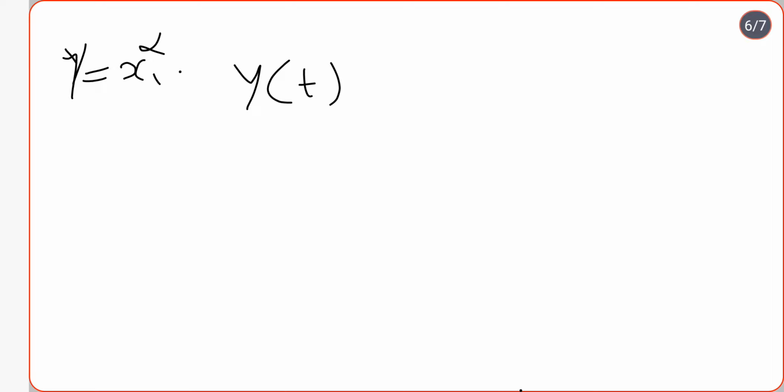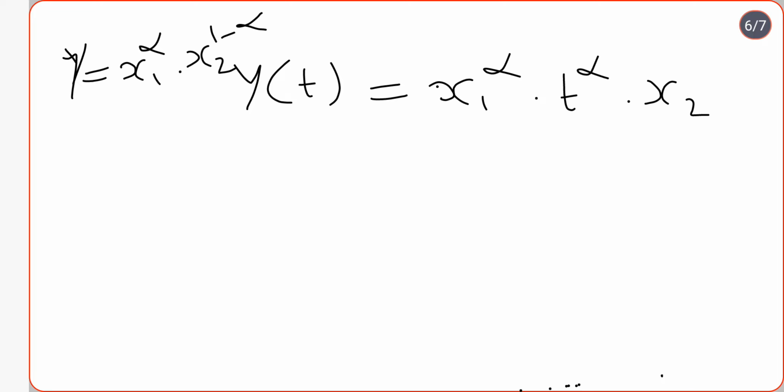So you have to derive y of t. What will be y of t? Y of t will be x1 to the power alpha into t to the power alpha into x2 to the power 1 minus alpha into t to the power 1 minus alpha.